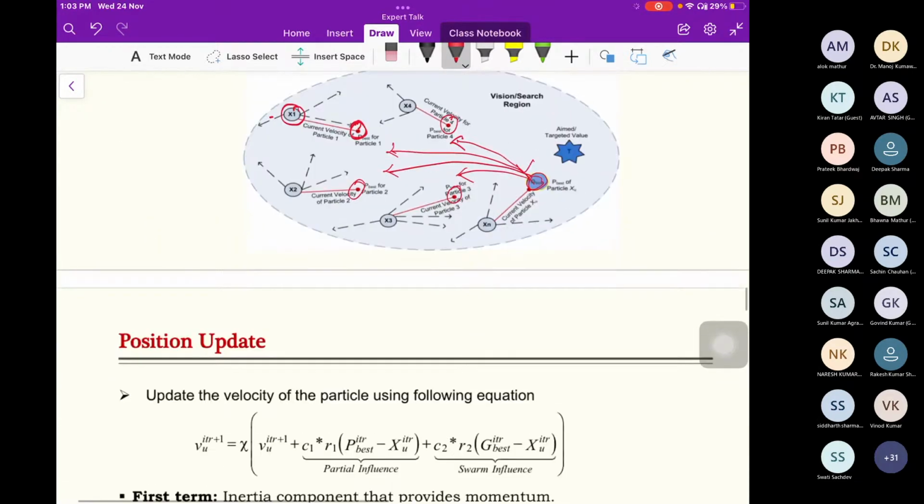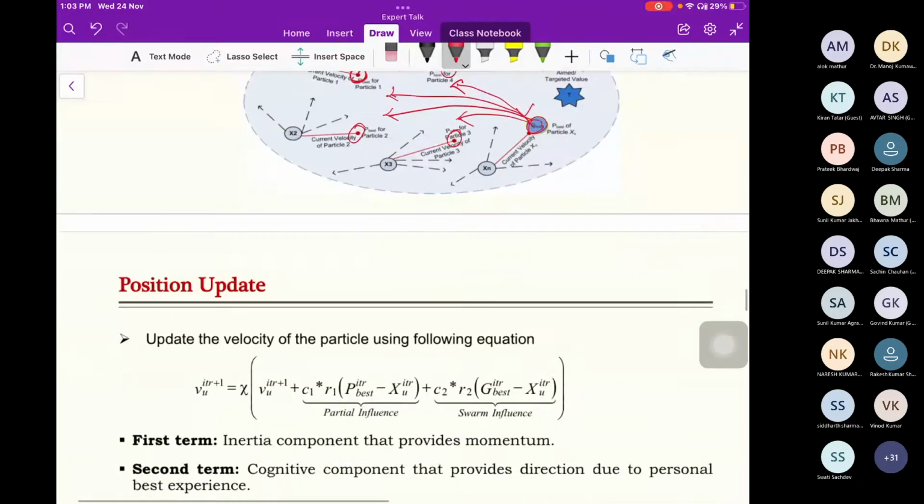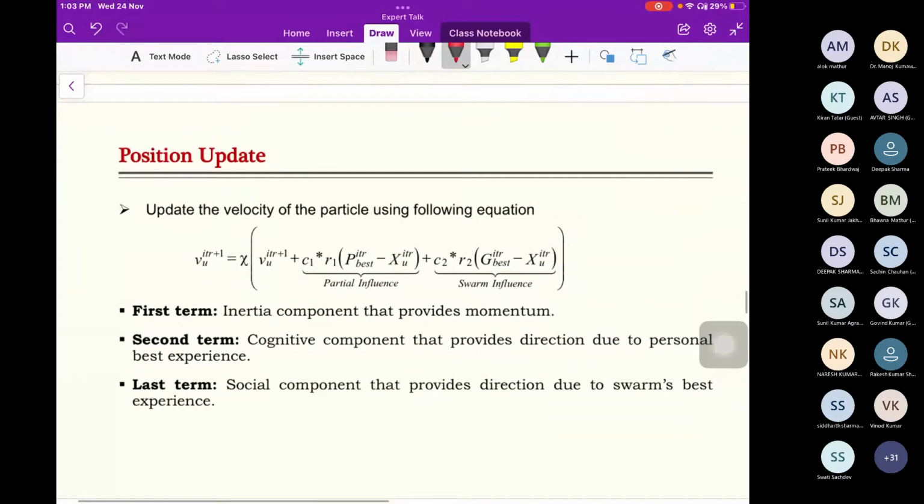This strategy we can write down as equations. In these equations there are different constants and variables, and we can divide the equation into three categories. First is the inertia value. Second is the particle influence. Third is the swarm influence.